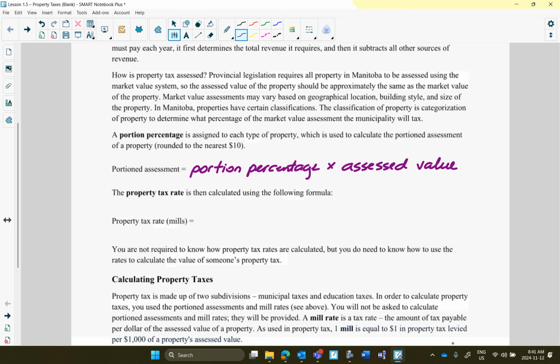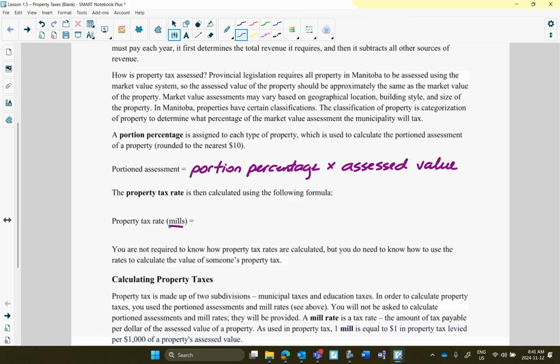Then they say, okay, this amount is what we're going to calculate your property tax on. And the tax rate for property taxes is called a mill rate. It's just another name for it, mill rate. So whenever you see the word mill rate, it's like property taxes, and actually that applies to education taxes as well, which we'll talk about shortly.